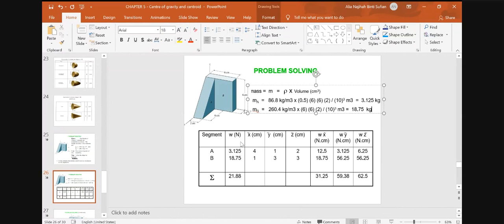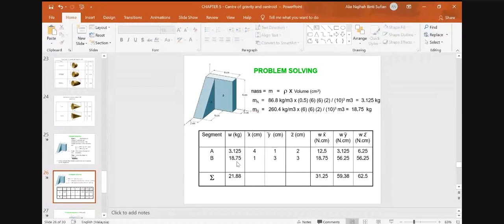Now we draw the table. For segment A, just now we have 3.125 kg. For segment B, 18.75.